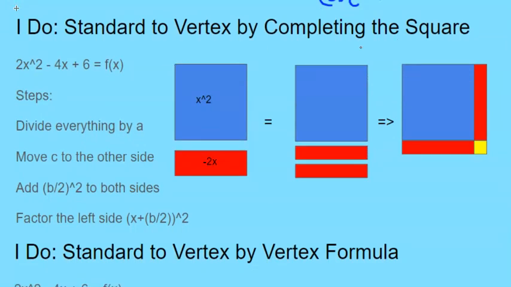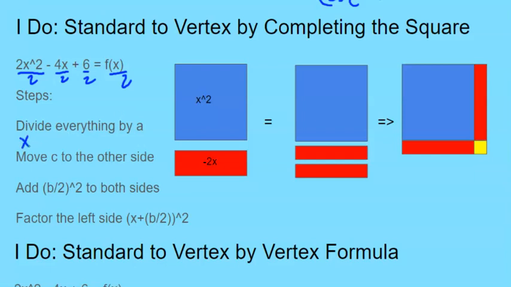Standard to vertex by completing the square. We have 2x squared minus 4x plus 6 equals f of x. Your steps are first to divide everything by a. A is 2, so we're going to divide each term by 2, even the other side of the equation.